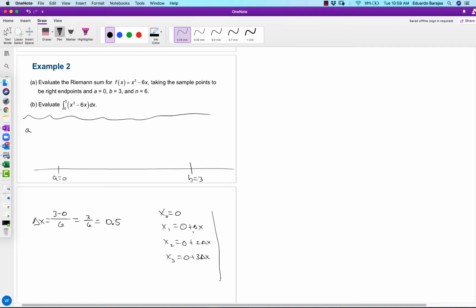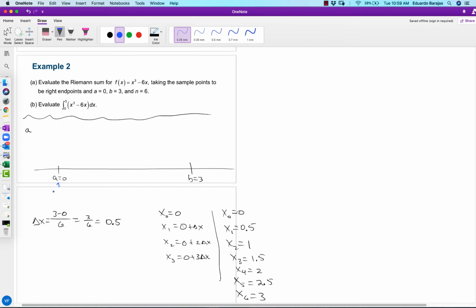Okay, so let's find out the actual values. x naught equals 0. x1 equals 0 plus 0.5, which is just 0.5. And x sub 2 is going to be 1. And x sub 3 is going to be 1.5. And x sub 4 is going to be 2. And x sub 5 is going to be 2.5, and finally x sub 6 is going to be equal to 3. Okay, so that's how we're going to break this up.